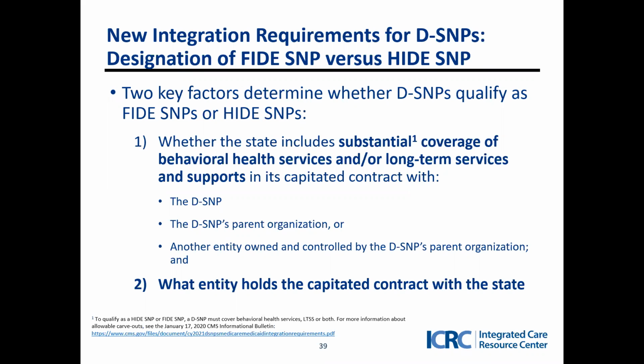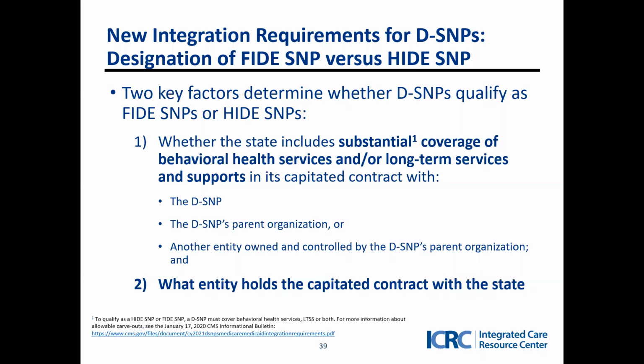So the first factor in whether a state can designate a D-SNP as a FIDE SNP or HIDE SNP will depend on whether the state includes substantial behavioral health and/or LTSS coverage in its capitated contract with either the D-SNP, its parent organization, or another entity that is owned and controlled by the D-SNP's parent organization.